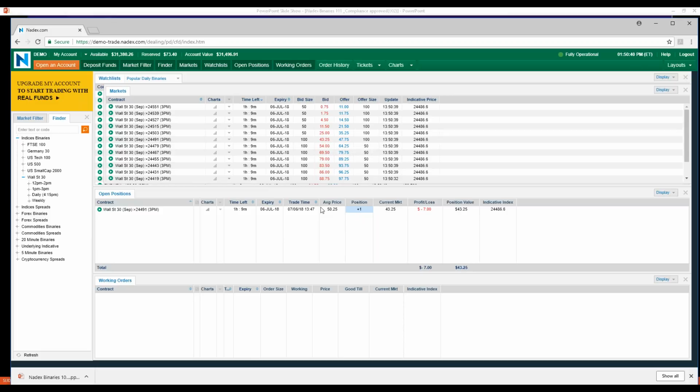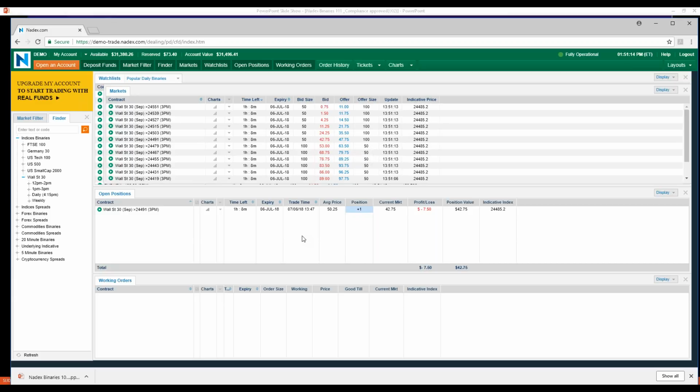Make sense? So wherever I bought compared to where I can currently sell shows my current profit loss. Got it? Does that make sense to everybody? Okay, so the value of the binary is going to be based on how the market's moving, how quick you're getting to expiration, and if you bought it, how much can you sell that contract for right now?